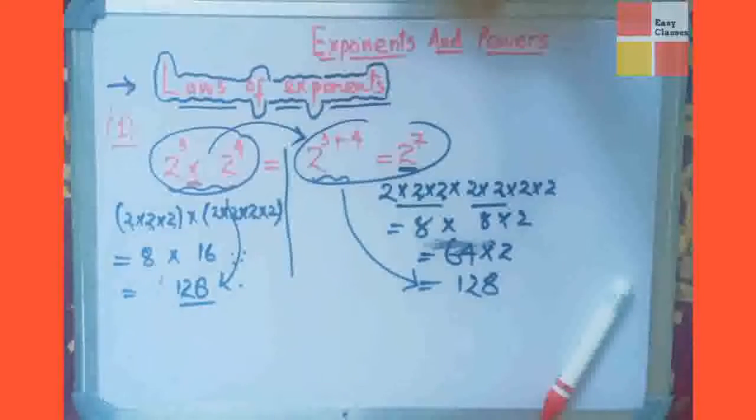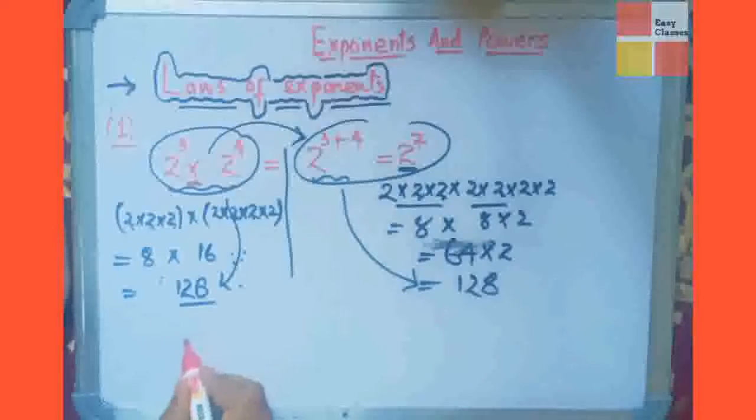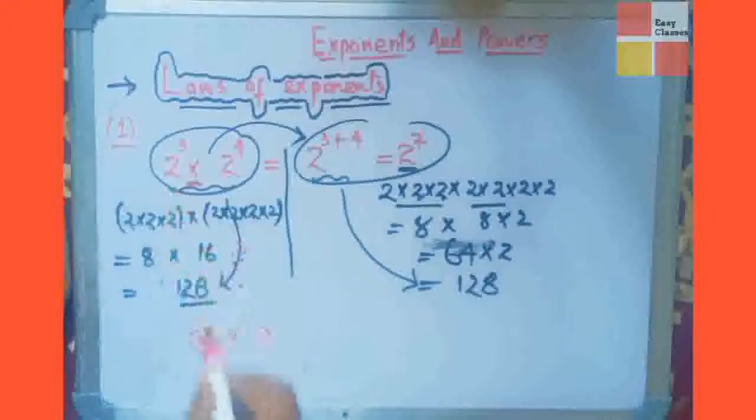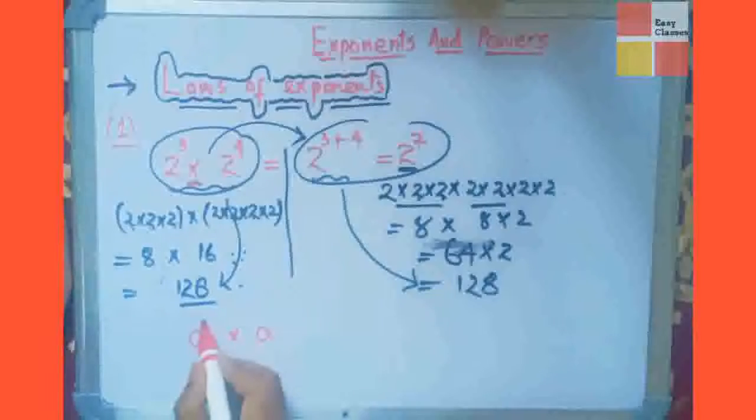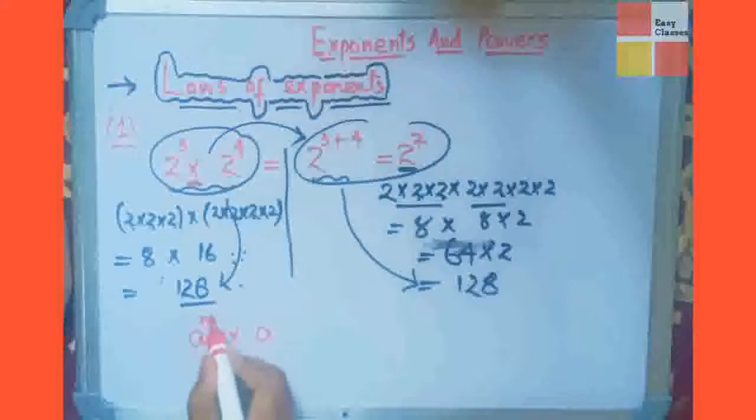So the first law states that when a number, any non-zero integer, it can be 2, it can be 3, minus 4, is raised to power any integer, say for example, m and n, the point is that the bases should be the same.